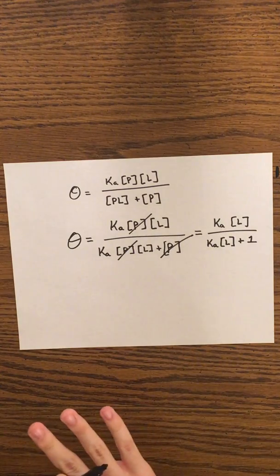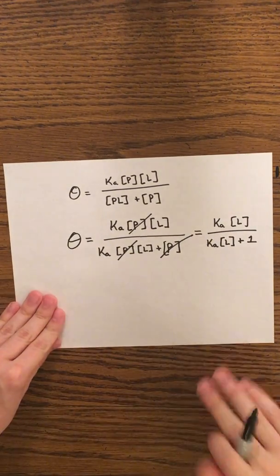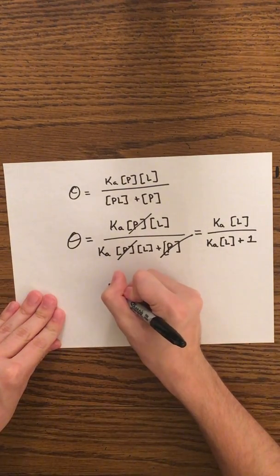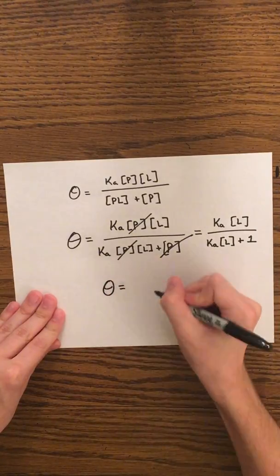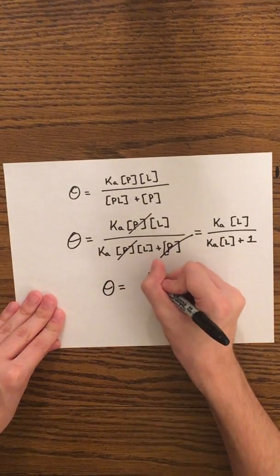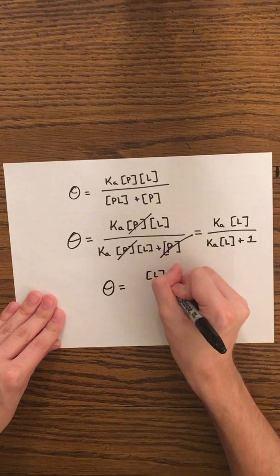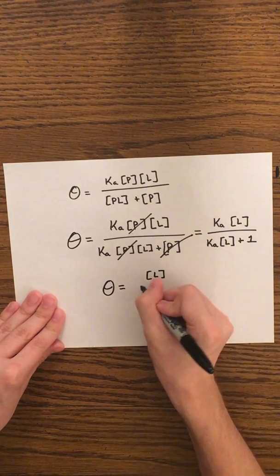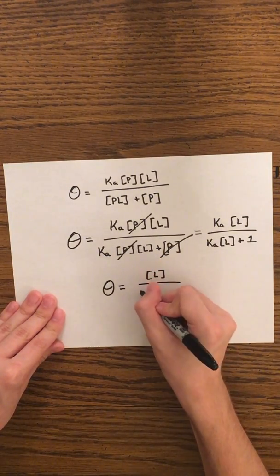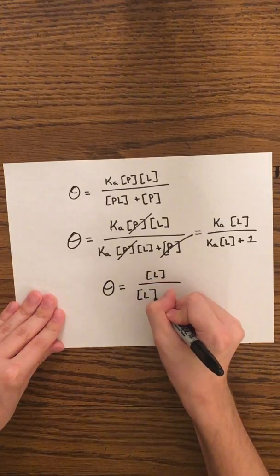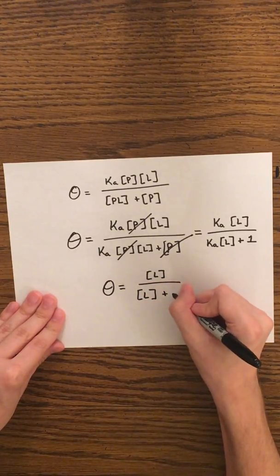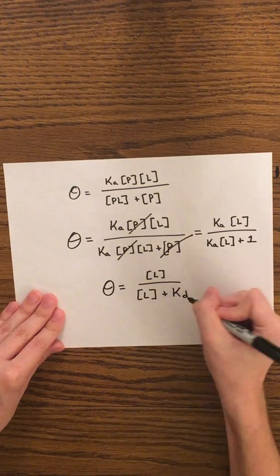And when we do some handy-dandy rearrangement, what we end up with is theta is equal to L over L plus KD.